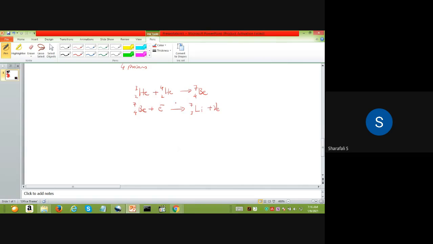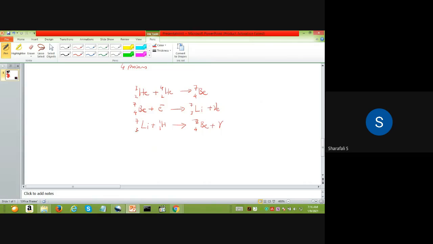Now, if you consider this lithium 3, 7, it will react with one proton, and that will form beryllium 8, 4, along with gamma radiation. And then this is very simple.